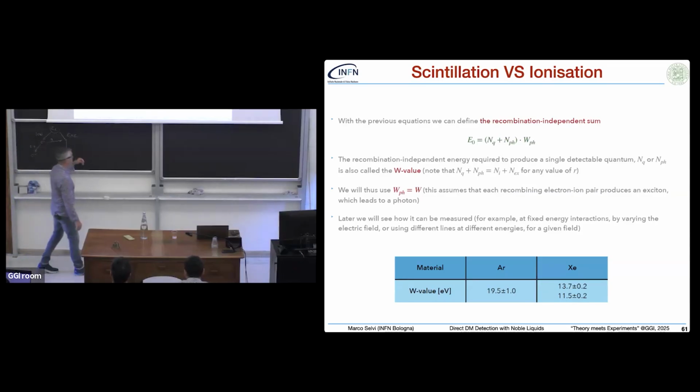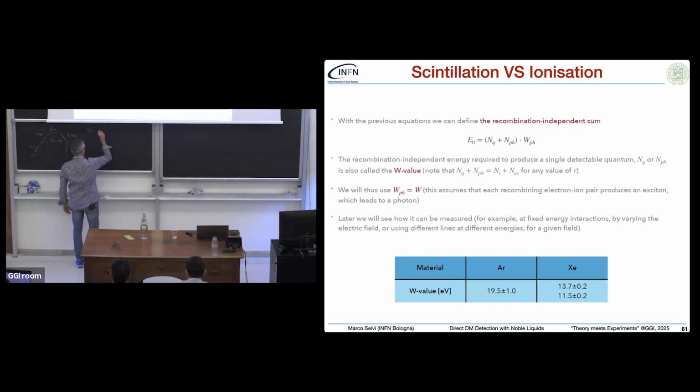Now this turns out to be linear versus the deposited energy if we consider the sum of the two channels, and this can easily be seen here.